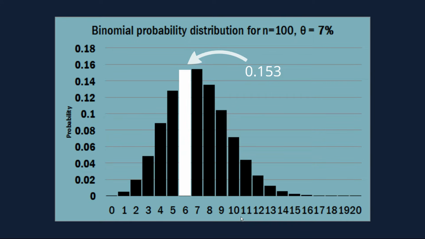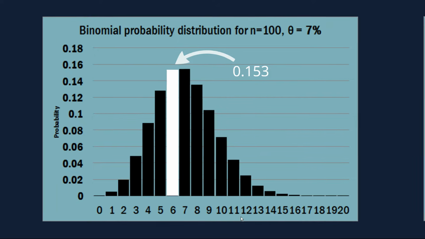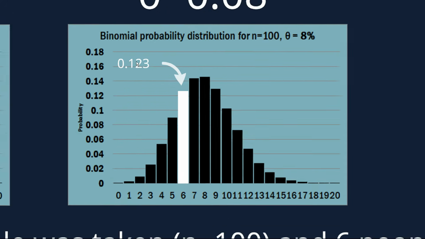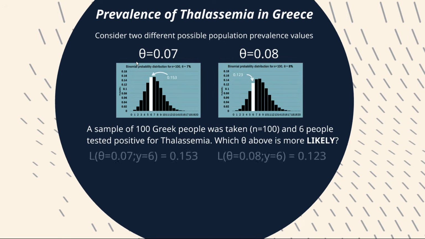But to generate what's called a likelihood, we have to go back to these probability distributions around our fixed theta. And then here we go again, for where theta is 8%, the probability of getting 6 out of 100 is 0.123. So these two numbers then become our likelihoods.